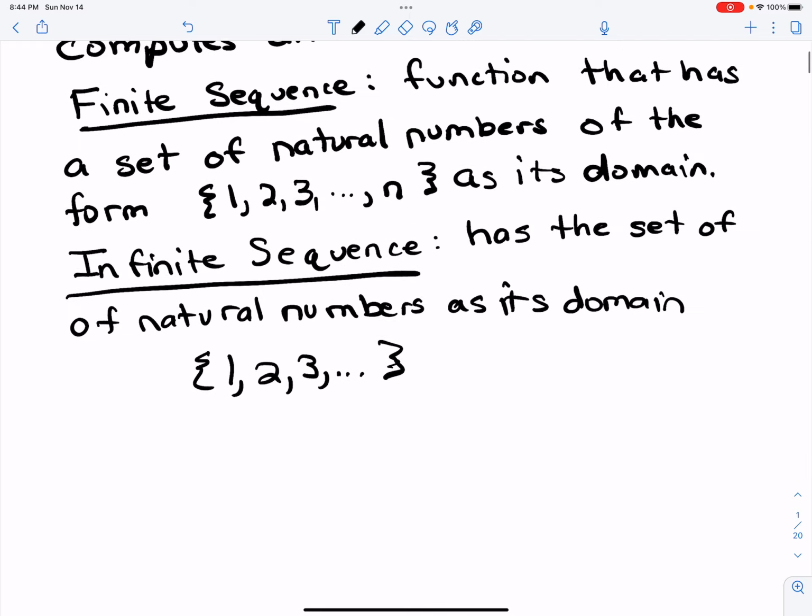Okay. Now when we're trying to talk about these, we don't use the function notation f of x. We customarily use a sub n, where a sub n is the function evaluated at n. We often use the letter n instead of x, because n represents a natural number.